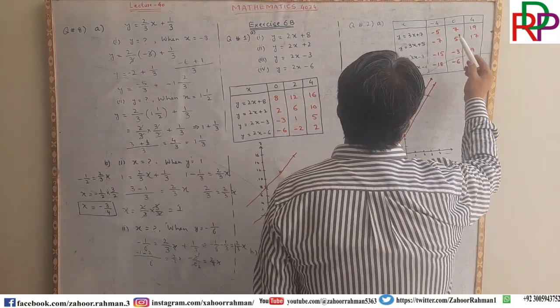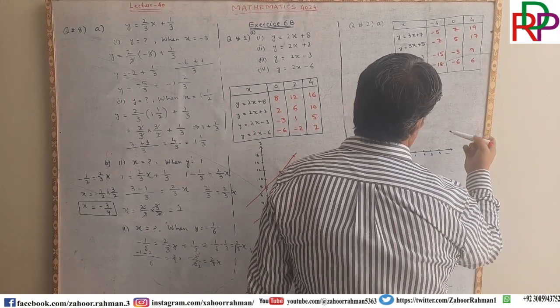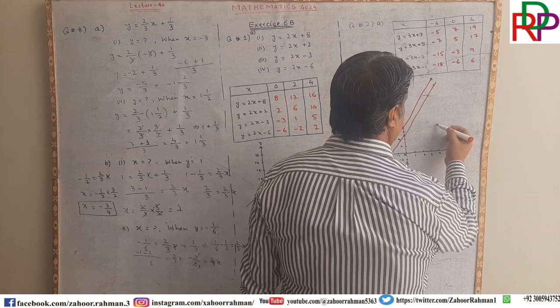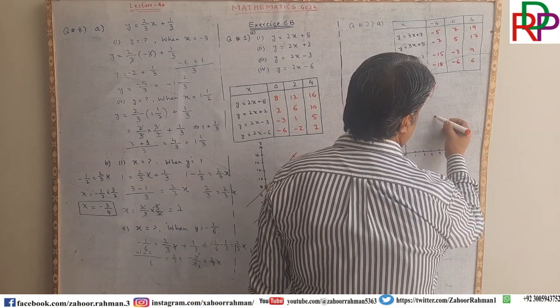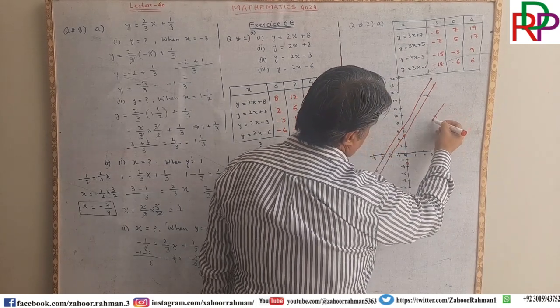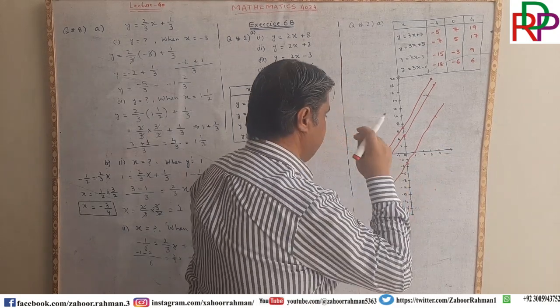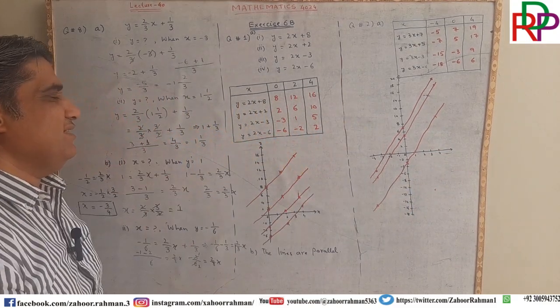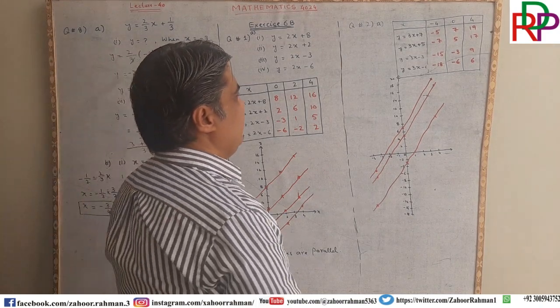And similarly, when x is equal to 4, y is equal to 9. So 9 will be somewhere here. Again, we have to connect these lines. This is not that straight because I am drawing it freehand.